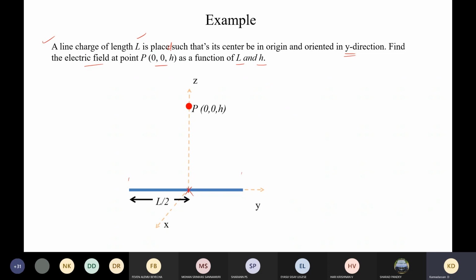So we take a small element on the line charge. Due to symmetry, there would be an opposite small element due to which the electric field would cancel along the y direction. So the resultant field would be in the z direction only.